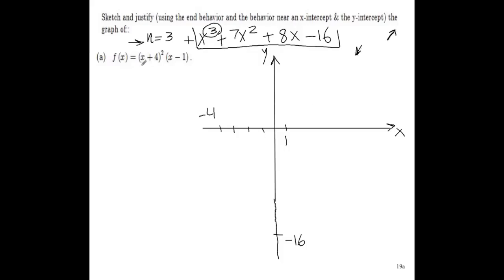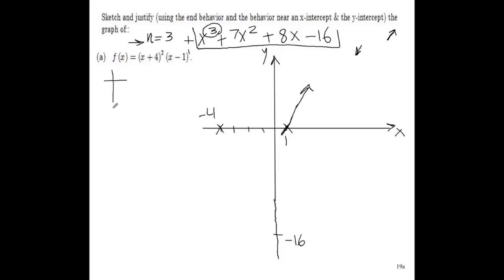So let's take a look at the zeros here. We have x plus 4 equal to 0, so x equal to minus 4. So one of the zeros that I have is x equal to minus 4, and the other one is x minus 1 equal to 0, x equal to 1. For x equal to 1, the exponent here is 1, so it means your graph is going to cross this point, and we know the end is going up, so this is how your graph should behave.